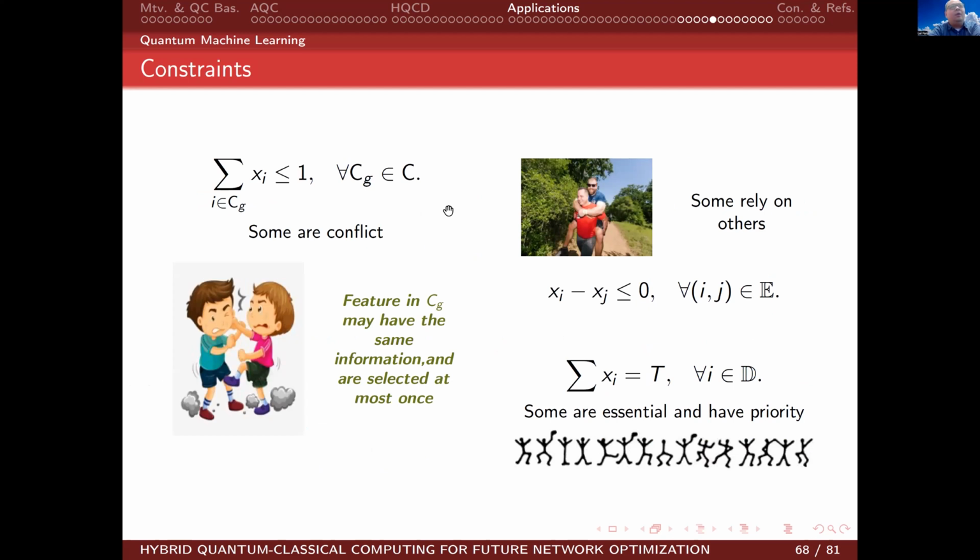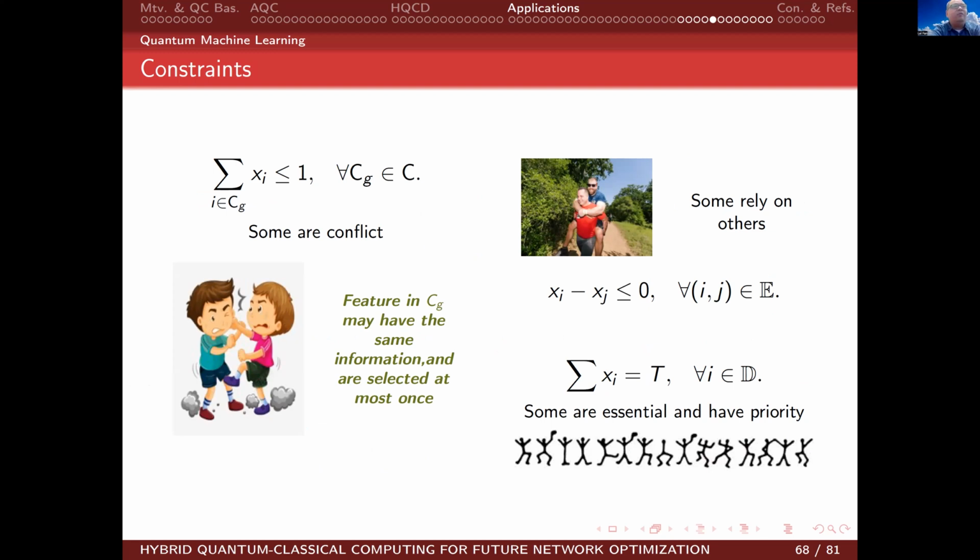When we design the optimization model, we not only use the objective function, we still need to consider the constraints. The constraints can represent the relationship between different features. For example, some groups of features have conflicts.